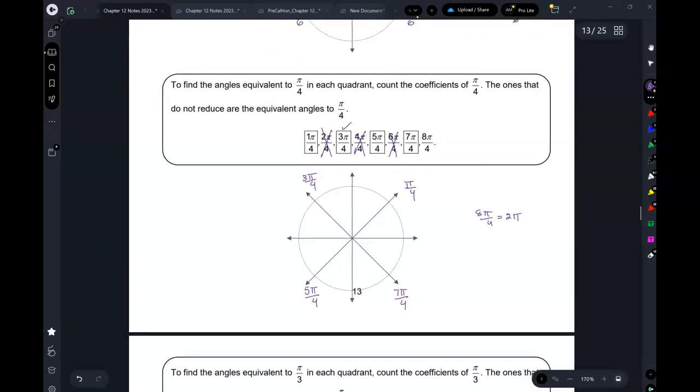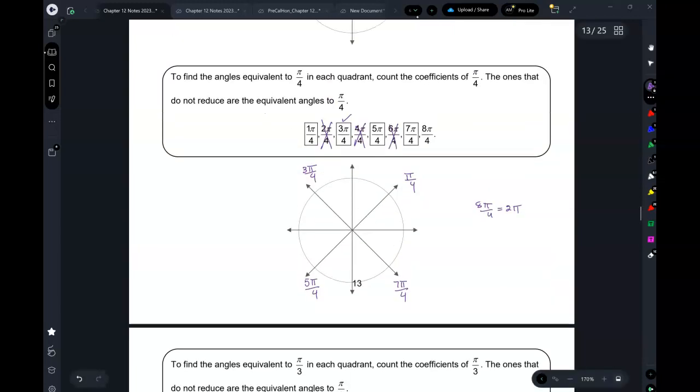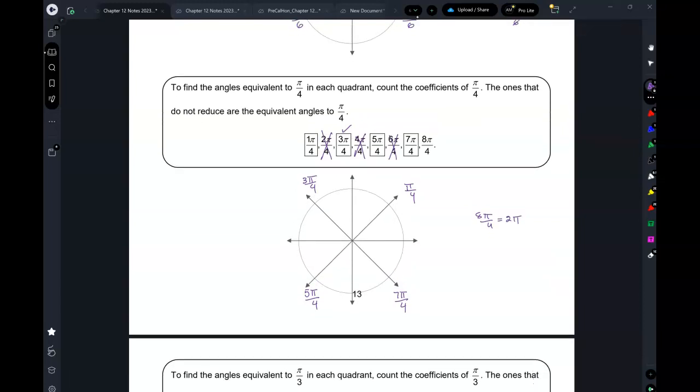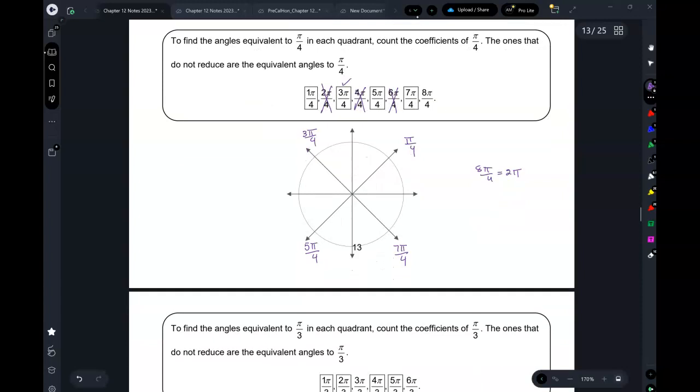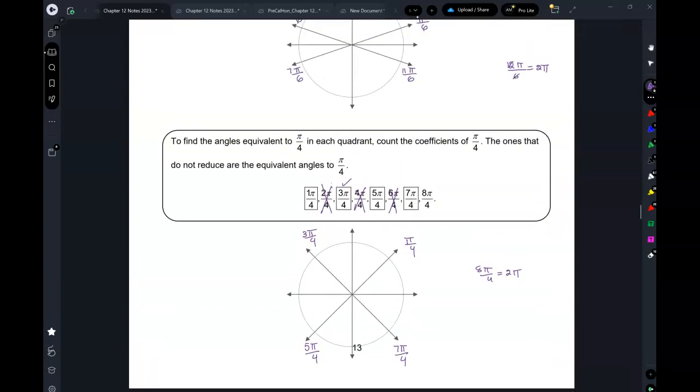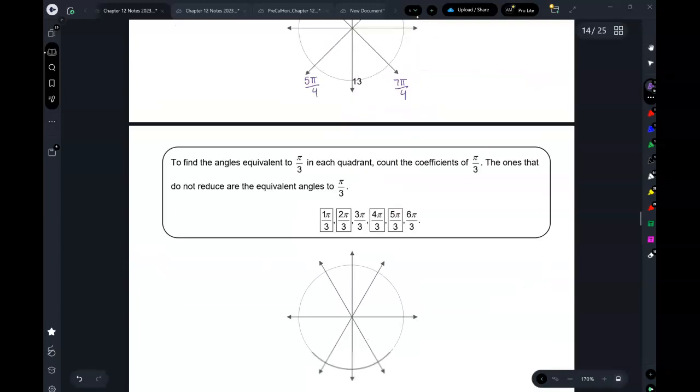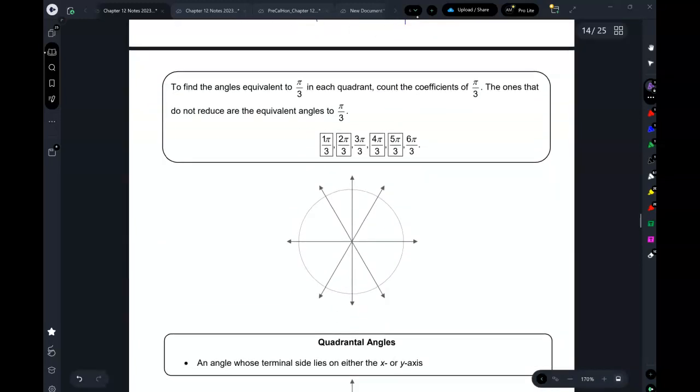The last one, that one you don't write it. 7 pi over 4 is the one you write. Do we need to write down the 1 pi over 4? Yes. Okay, now let's see what the labels are for the pi over 3.